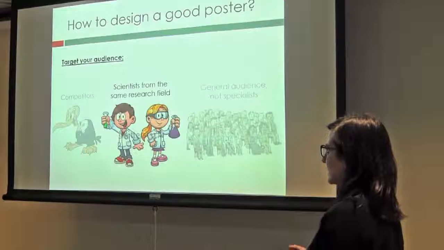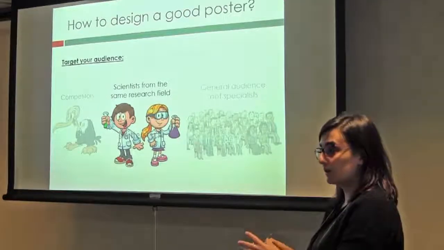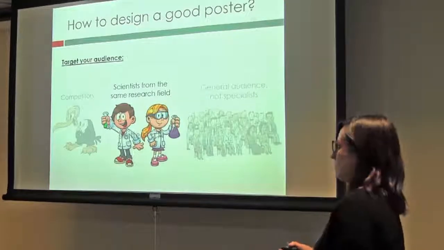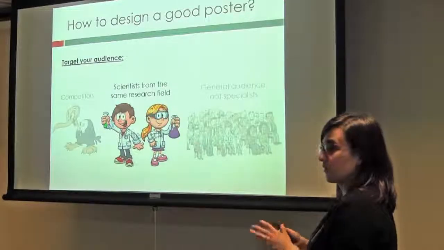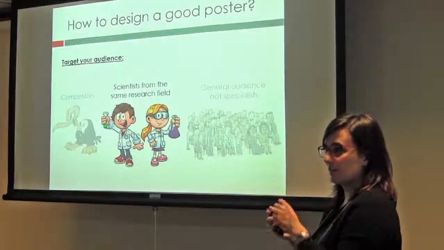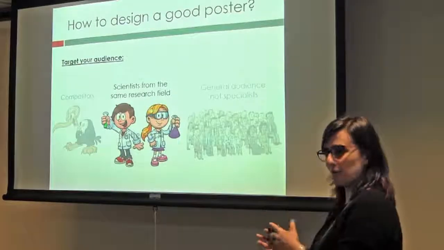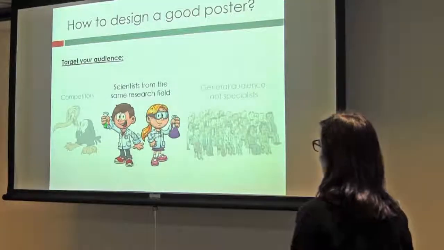If you have scientists from the same research field, it's easier because you can avoid including some technical details that they will already know because they are working with more or less the same techniques that you do. So that may save you some room in the method section of your poster, which we will talk about later, to add some more results, which is more interesting for people.